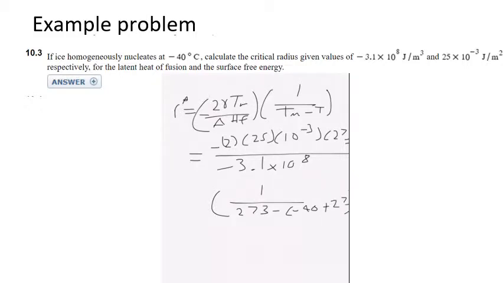Now, after crunching your numbers, the final answer will come out to 1.1 times 10 to the negative 9th meters.